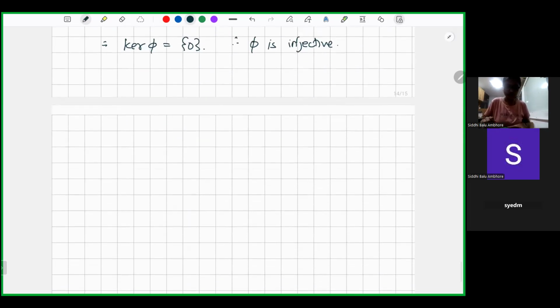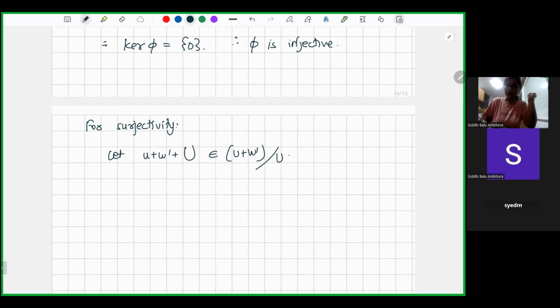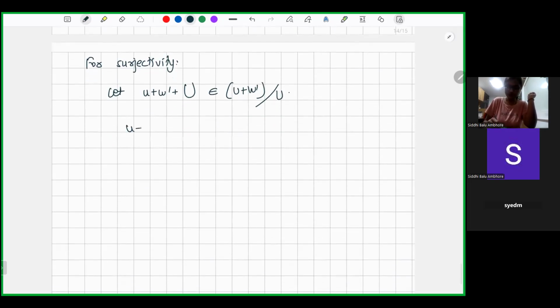And for surjectivity, let U plus W dash plus U belong to this element, U plus W dash quotiented by U. This U plus W dash plus U is W dash plus U, right?